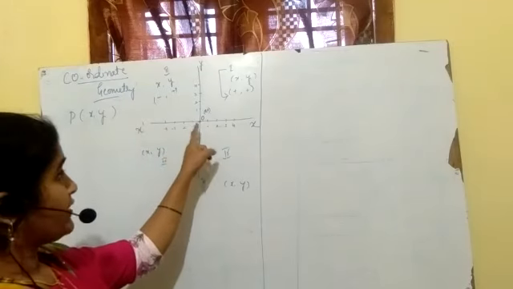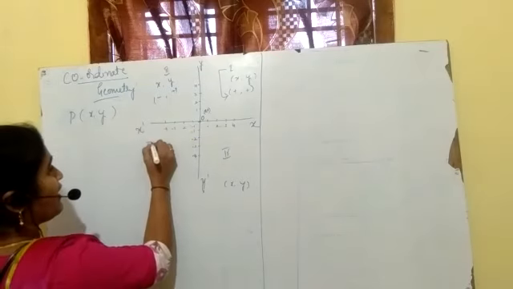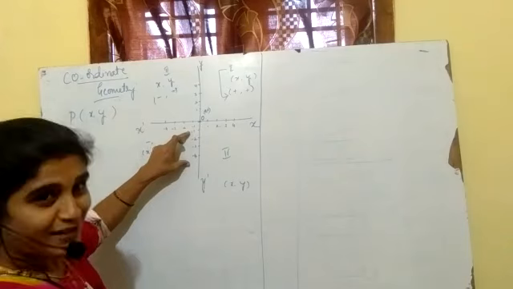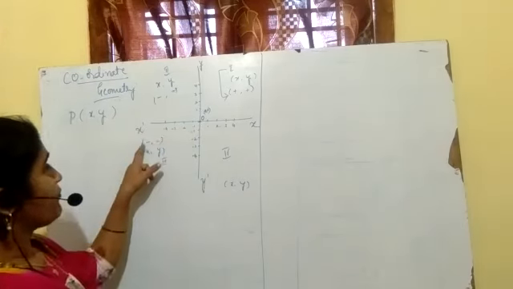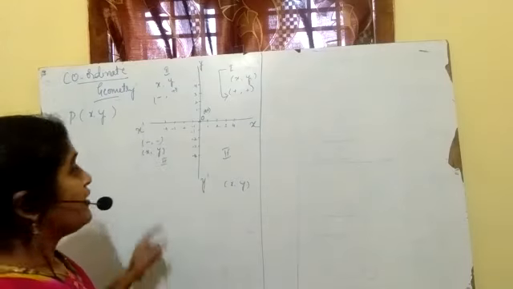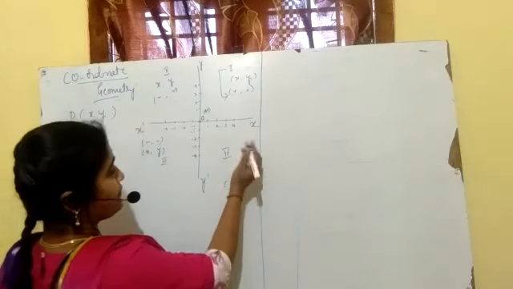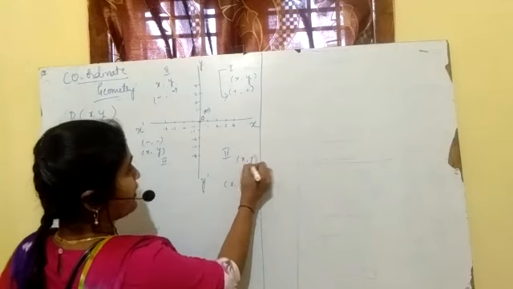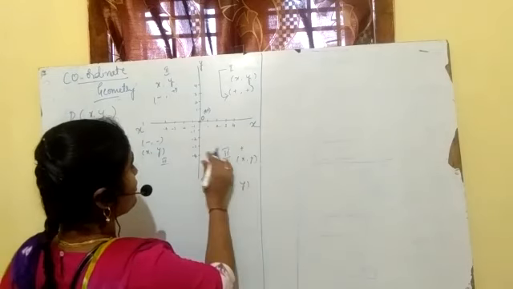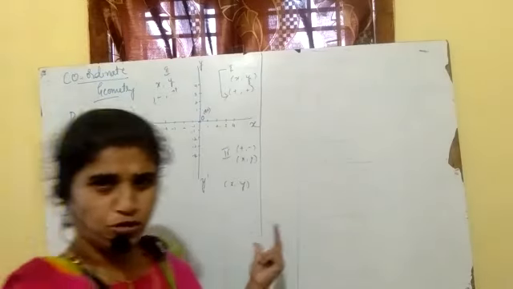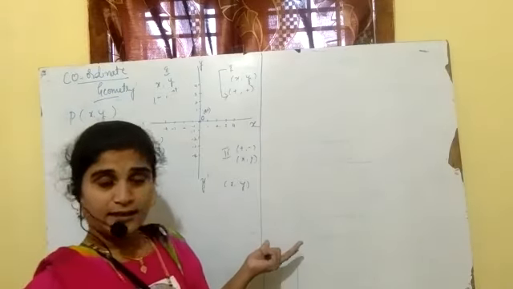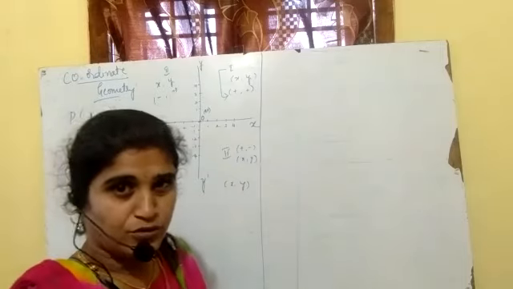The x value is negative and the y value here is also negative. Therefore, it is called the negative quadrant. Then it comes to here, first x and then y. X is a positive value and y is a negative value. You know that from the 8th standard.